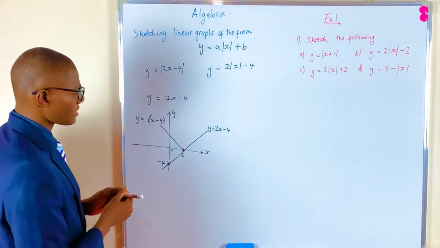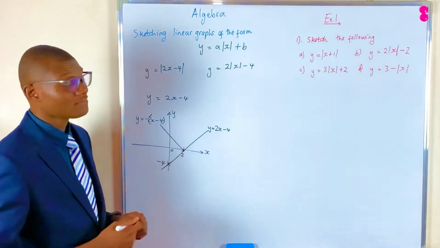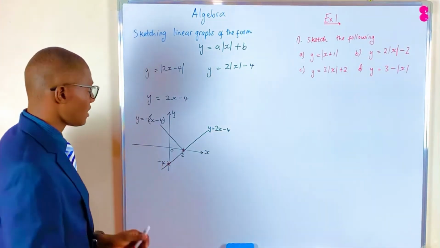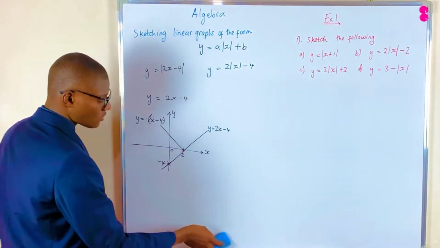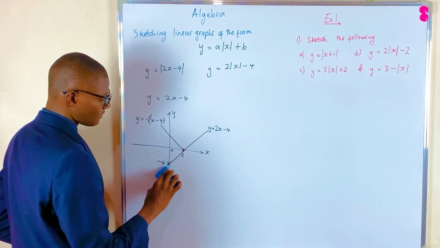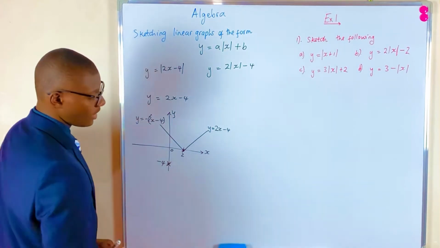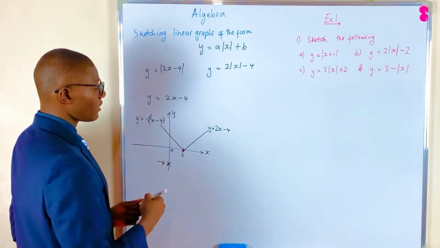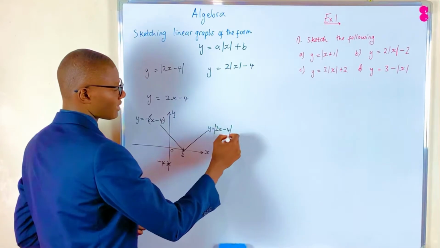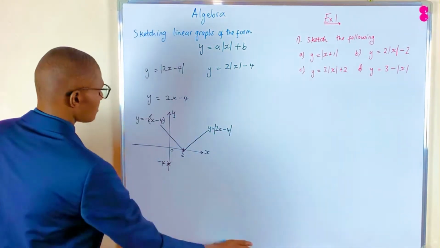In other words, this will be the graph for y is equal to the modulus of 2x minus 4. This was just for demonstration's sake, but in actual fact, this won't be there. If we consider the final result, we can just put it like this. So this is what we have.